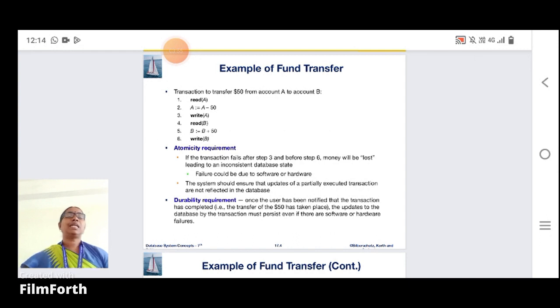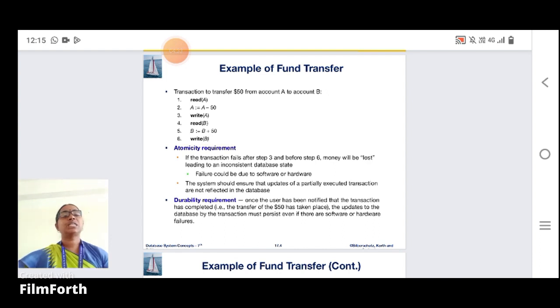Suppose in our day-to-day life we often do a mobile recharge. At that time, from our account we transfer an amount to the particular opposite party. For example, we are recharging rupees 500. We transfer 500 to that party. Sometimes the amount gets debited from our account, but it is not credited to the opposite party due to some network failure.